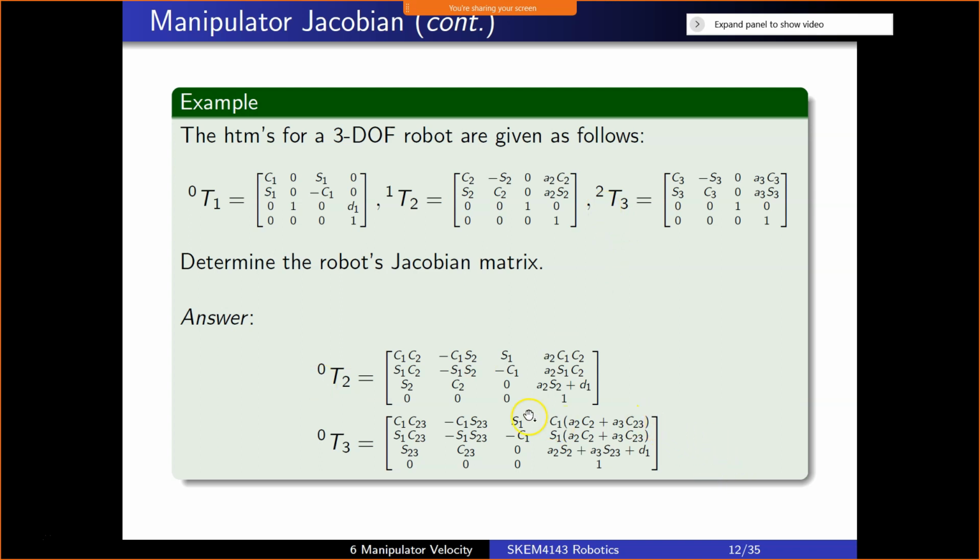And you need this, right? This is Px, Py, Pz. Remember, this is the position of the end effector, or the third coordinate frame, with respect to the base coordinate frame 0. So in this derivation, this is known as F1, this is F2, and this is F3.